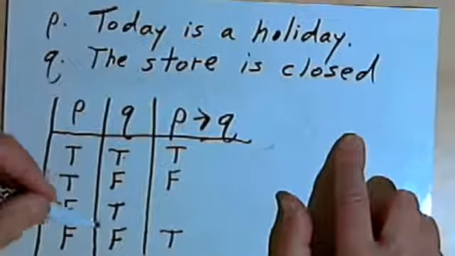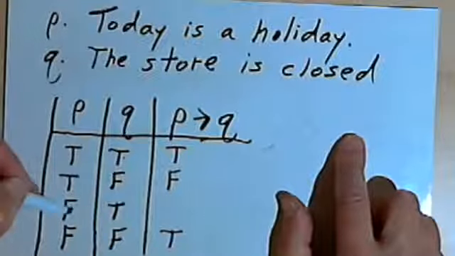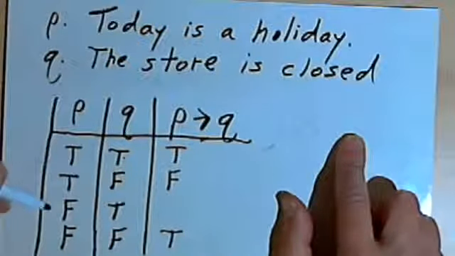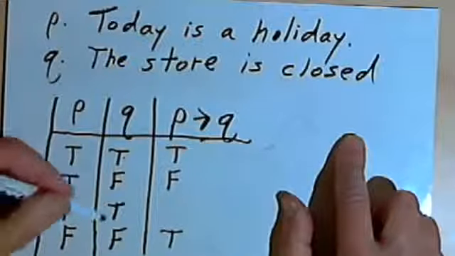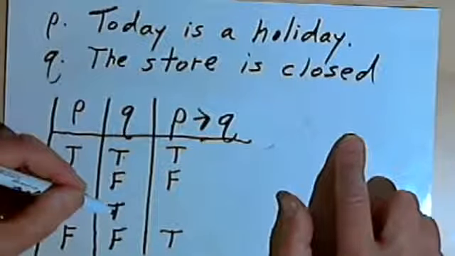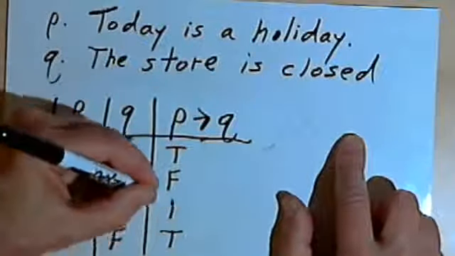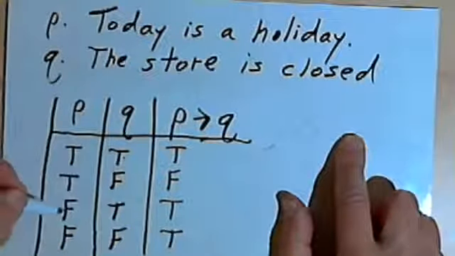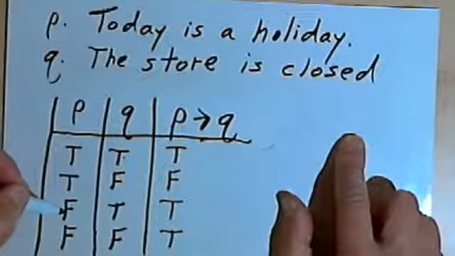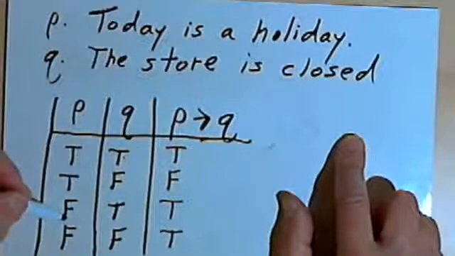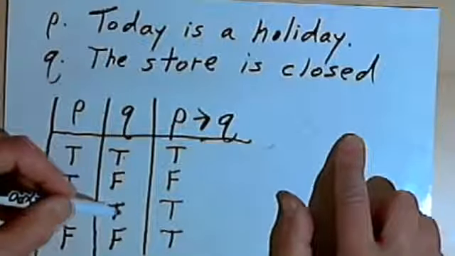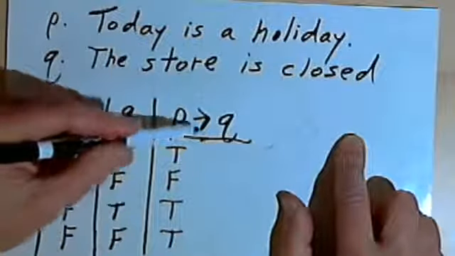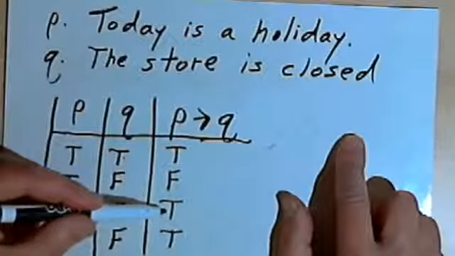So, in other words, we have no reason to know, just because today is not a holiday, that the store is definitely going to be open. The store could be closed. So this is considered to be a true statement. You might want to drill this one a little bit for yourself, because that's the one that gives people trouble. When P is false and Q is true, you've still got if P then Q being true.